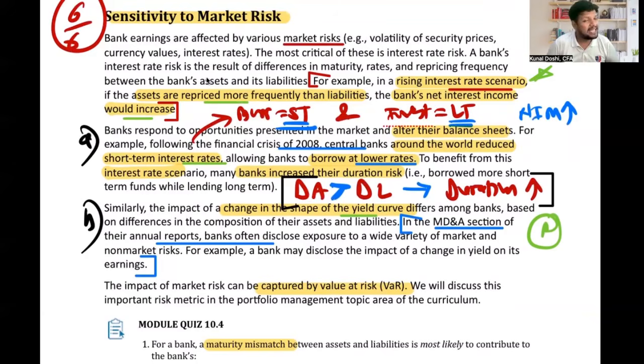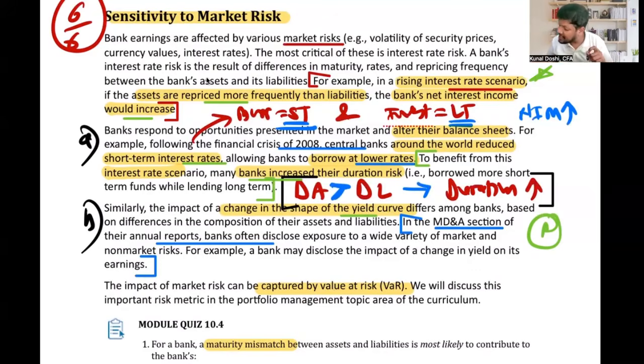Assets means the loans; if the majority of the loans are floating rate loans, that's good news for the bank, correct? But also, to benefit from the interest rate scenario, banks may increase their duration risk. They borrow more at short terms while lending for the long terms when they expect the rates will, when they expect, this is what will happen when they expect what.